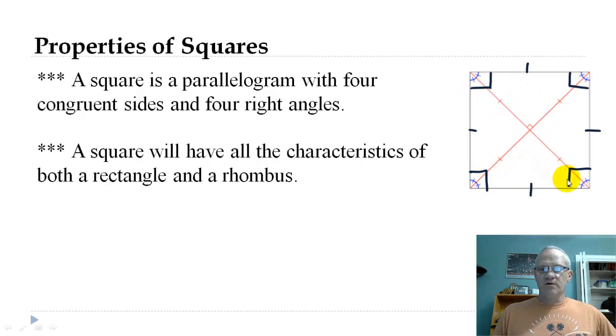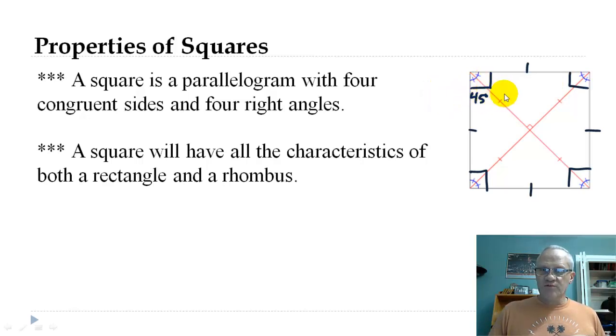In a square, the diagonals are congruent, so therefore, if they also bisect each other, it's got these little red marks here, all those 4 are the same. Also, it has all the characteristics of a rhombus, so therefore, it's going to make a 90-degree angle in here with the diagonals. It's also going to bisect each one of these angles, but since each one of those angles has to be 90 degrees, what's each one of these small angles?